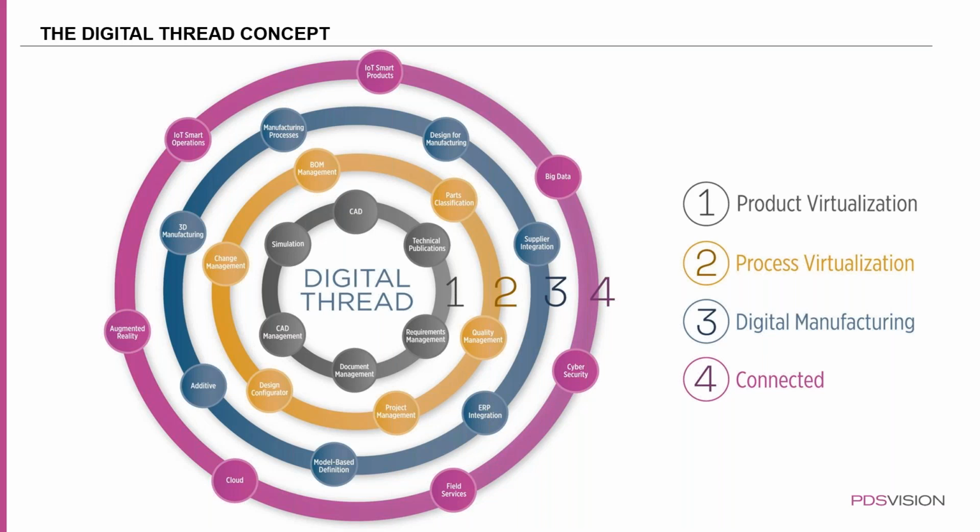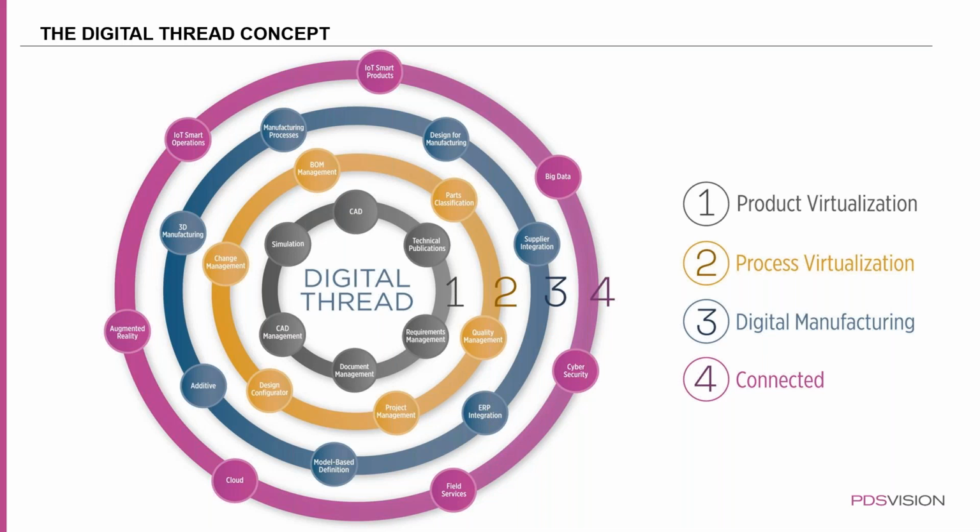And after that comes the actual manufacturing planning of that particular product. So that comes in the third circle over there, which consists of the manufacturing processes or the ERP integration and other services. And in the end, everything is connected with the IoT smart operations and products or the services related to that.